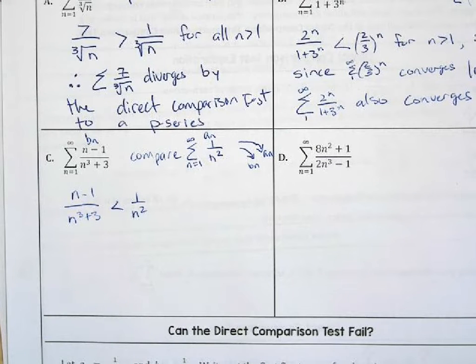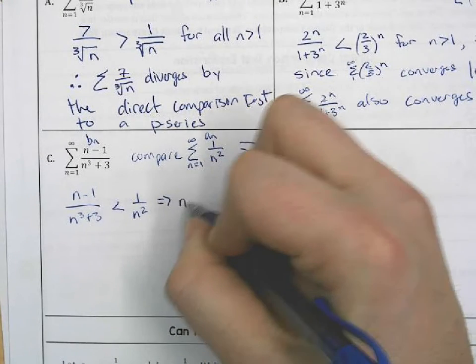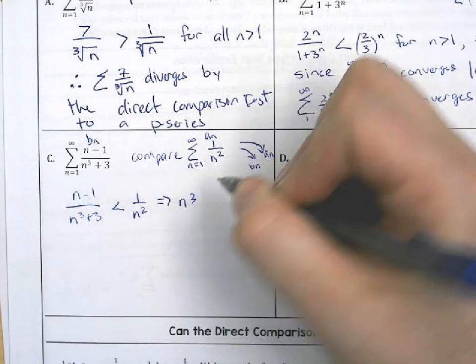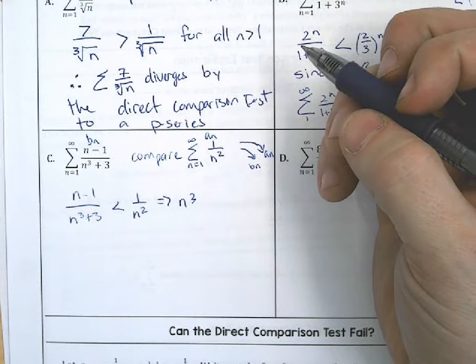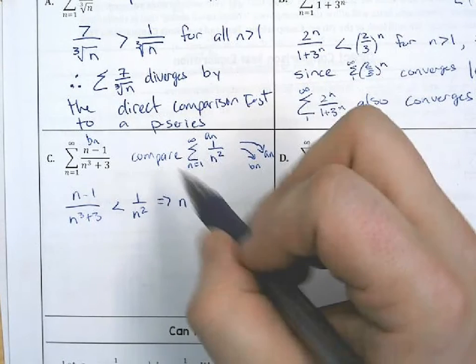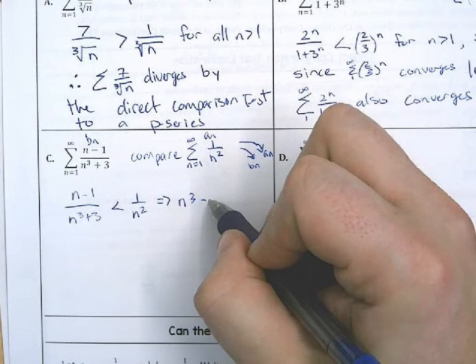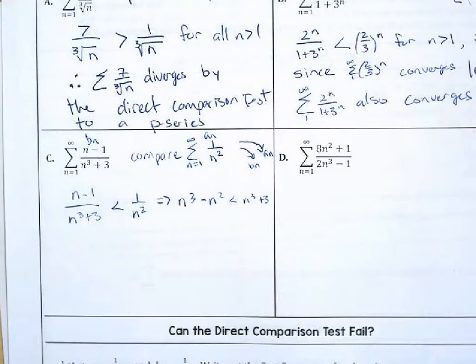So we could list some terms and show that it is. We could cross multiply and show that it is. So we could say n cubed minus n squared is less than n cubed plus 3.